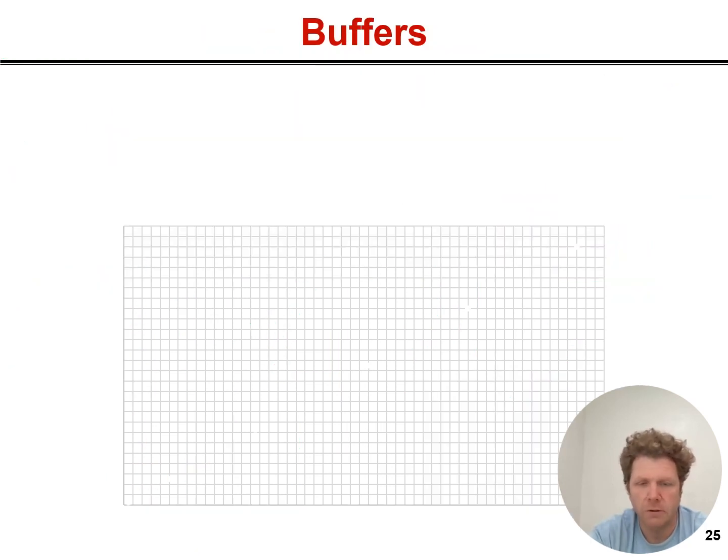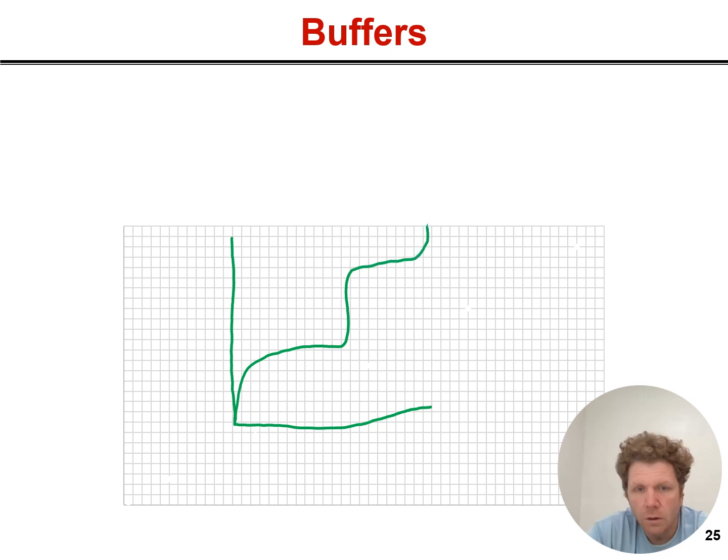Now, buffers. This brings up something. I'm going to just draw a titration curve for a diprotic acid. So it's going to look like this. Here's one pKa, here's a second pKa. So 0.5, 1.0, 1.5, 2.0.